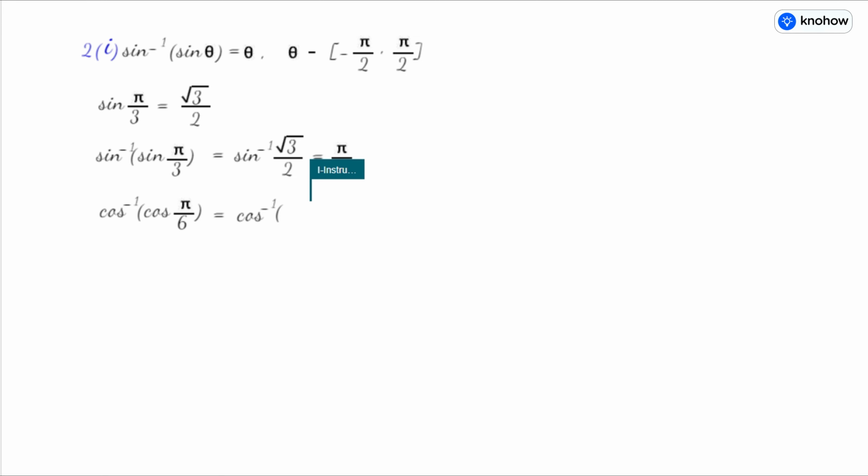Root 3 by 2. And now what do you mean by cos inverse root 3 by 2? What is that angle whose cos is root 3 by 2? And obviously it is pi by 6. So what do you find? That cos inverse of cos pi by 6 is pi by 6, and hence the property: cos inverse of cos theta is theta. And similarly, tan inverse of tan theta is theta, and so on. That's about property 2.